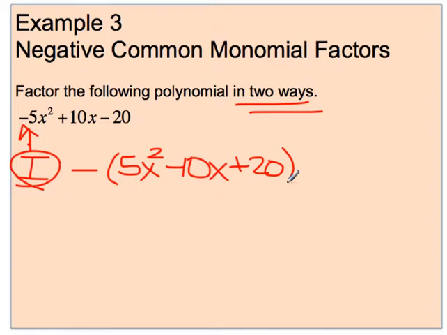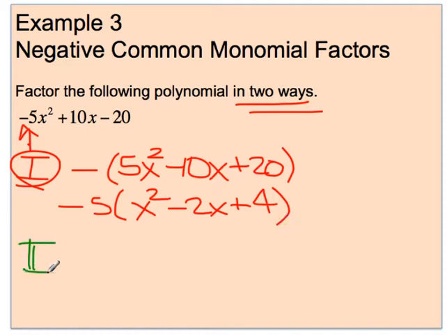Then we can see that there is no variable term that we can pull out of this, but each of these terms shares a 5. So we could pull out a negative 5 and write this as x squared minus 2x plus 4. So that's the first way to do it. The second way says don't worry about the negative at all.